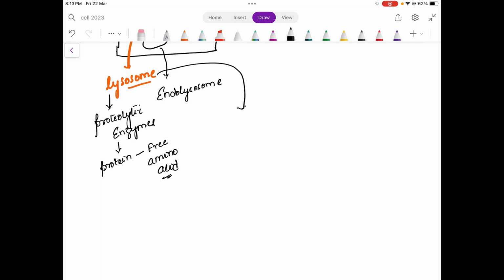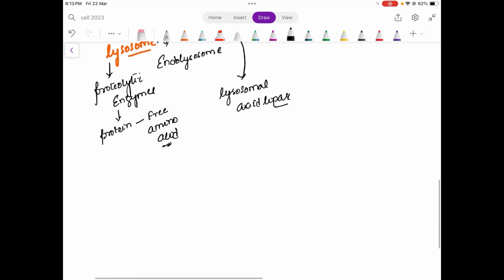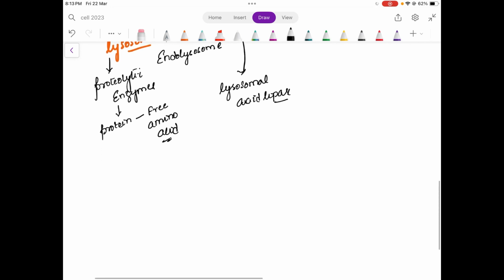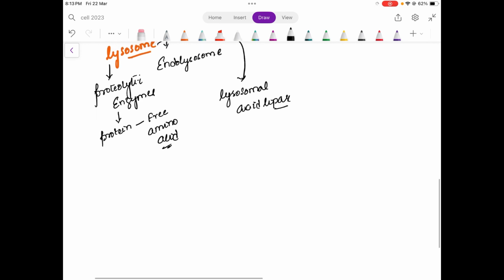This lysosome will also have lysosomal acid lipase, and this lysosomal acid lipase will cleave the cholesterol ester into free cholesterol plus fatty acid.